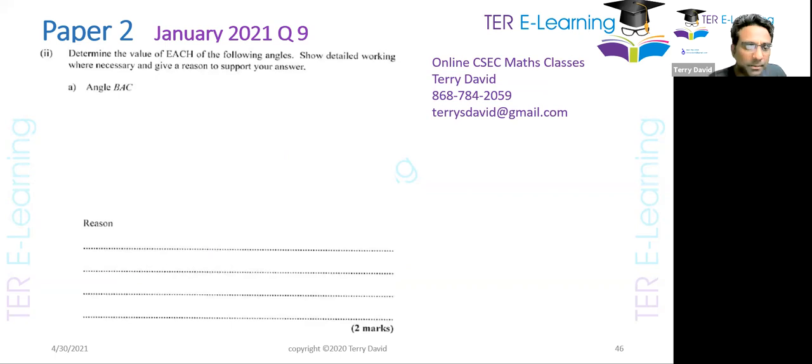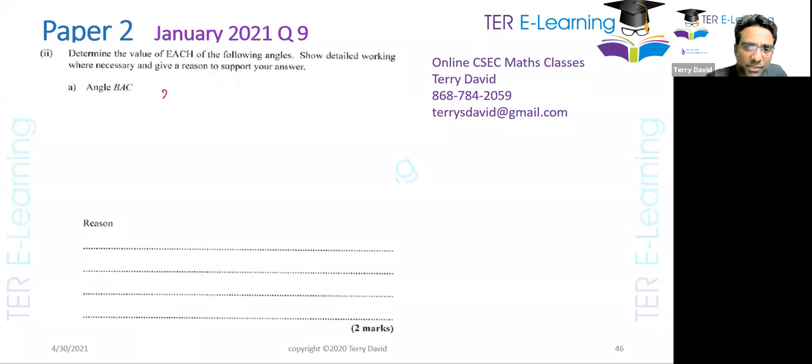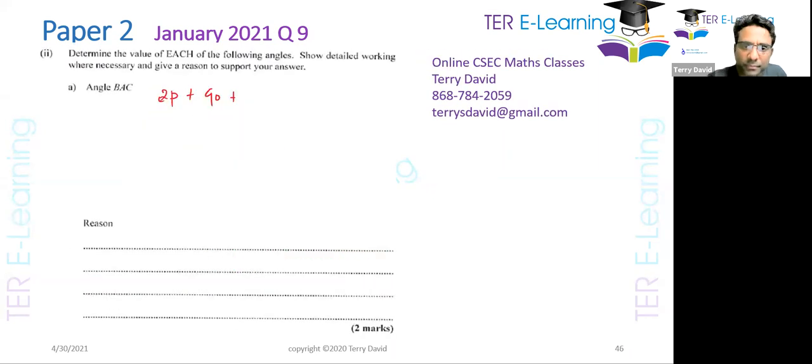So let's look at that again: 2P plus 90 degrees plus the 3P is equal to 180 degrees, because the sum of the interior angles of a triangle is equal to 180 degrees. So 2P plus 3P gives me 5P, plus 90 gives me 180.